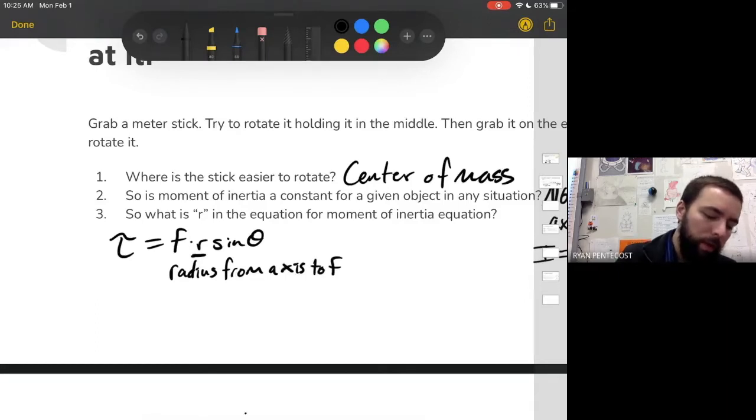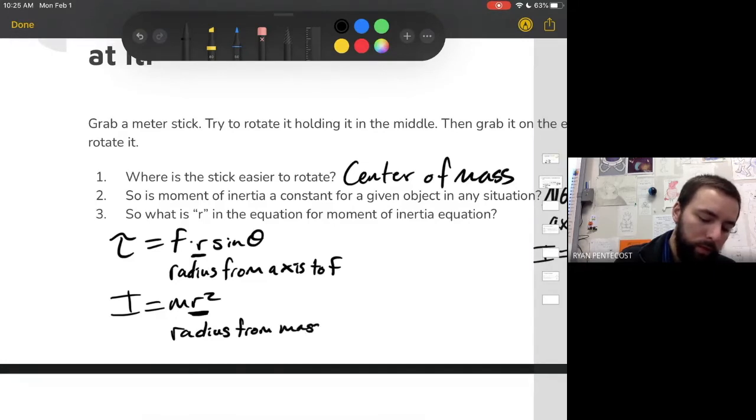Okay. Now for moment of inertia, if that is mr squared, this radius is now different also. This is the radius from the particle or from the mass to the axis, right?